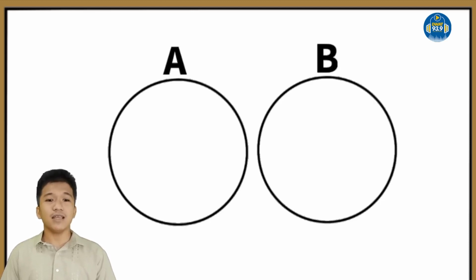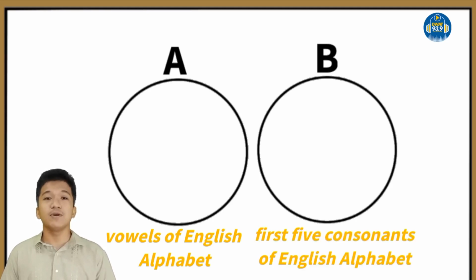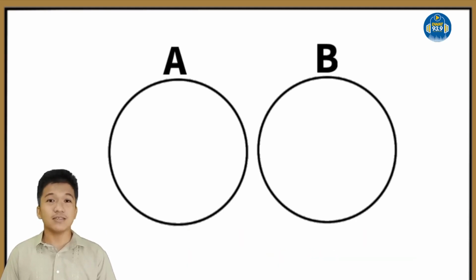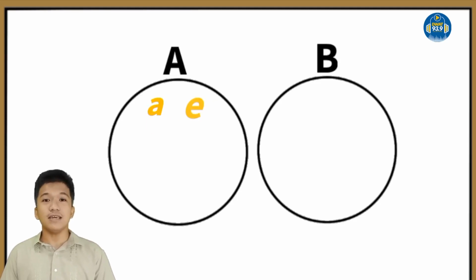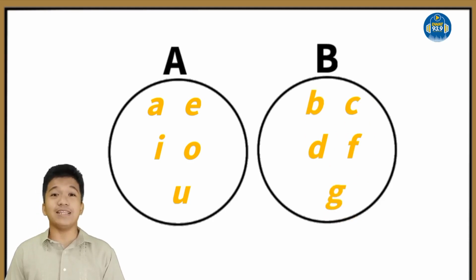Set A contains the vowels of English alphabet, while set B contains the first 5 consonants in English alphabet. That means set A has elements of A, E, I, O, U, while set B has elements of B, C, D, F, G. If we combine the elements of set A and set B, what are its elements?